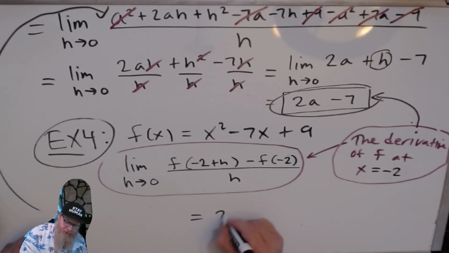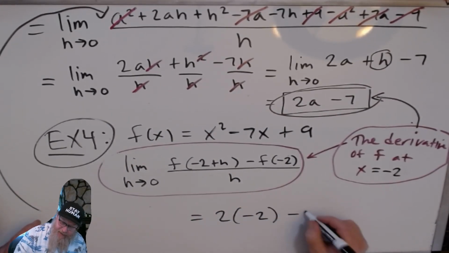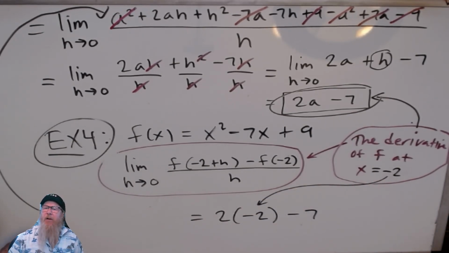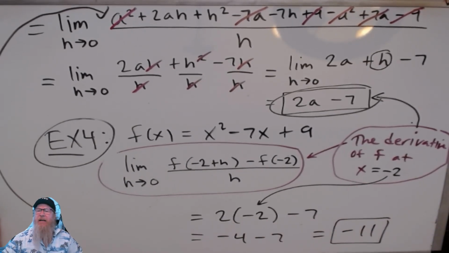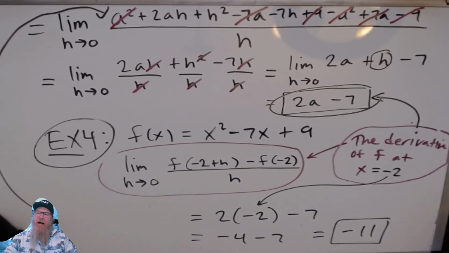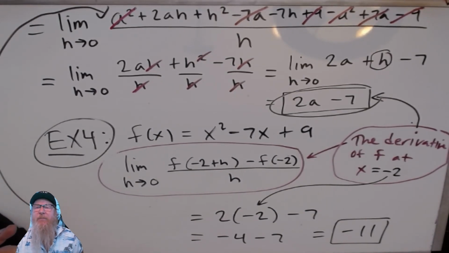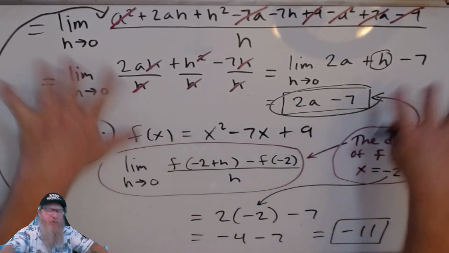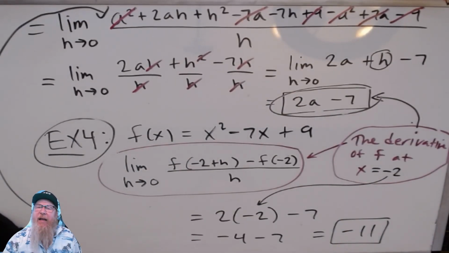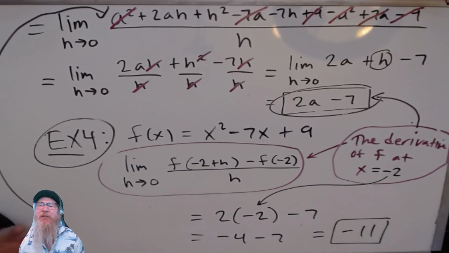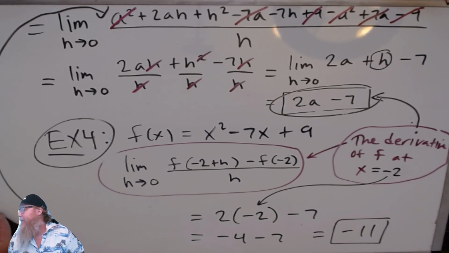It's going to be 2 times -2 minus 7. Just plug in the -2, and the answer would be -11. Now, I could bore you with another 10-minute exercise. We could write it all out, do all the canceling, plug in the numbers, and then I would get -11. But we don't have to do that because we've already experienced it once. All right. So that's the idea behind the derivative as a limit.